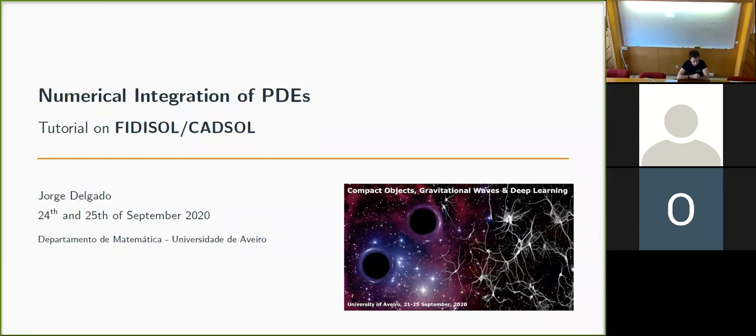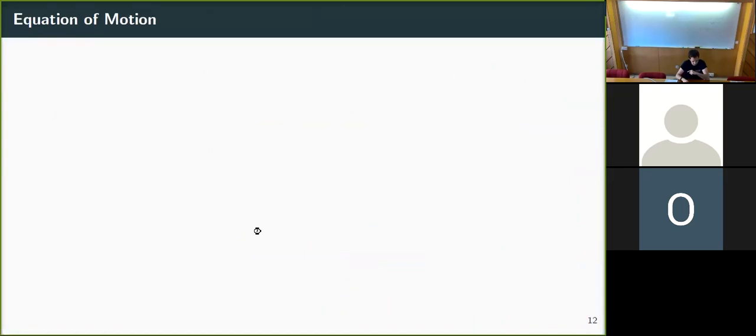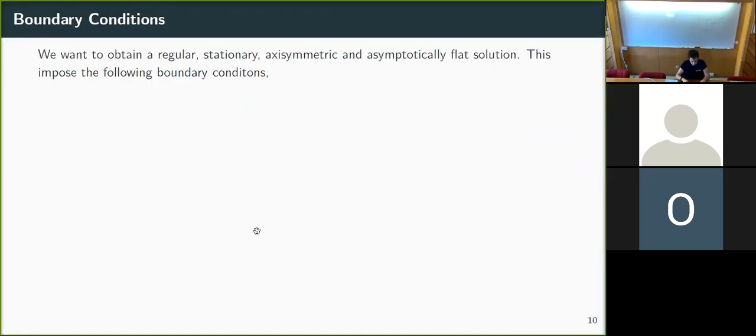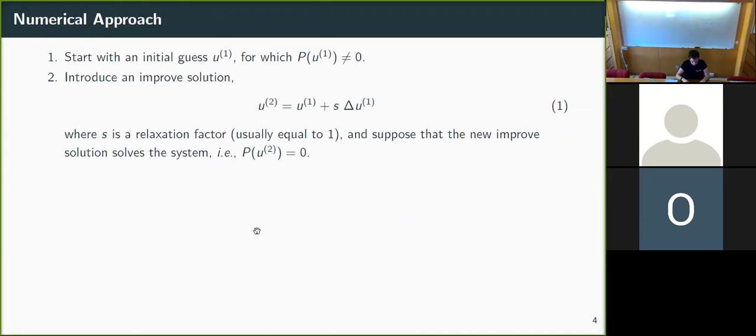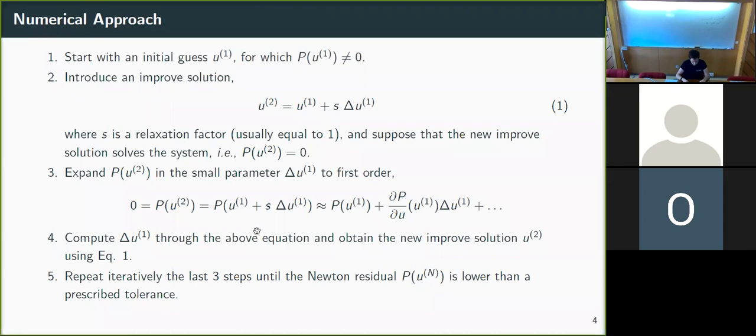Right at the beginning, what are the criteria for the choice of the relaxation parameter? On the slides, okay. So we are introducing the method. Yes, this parameter is a relaxation factor, basically always equal to 1. It's not very important, but what it does is basically like the learning rate in deep learning.